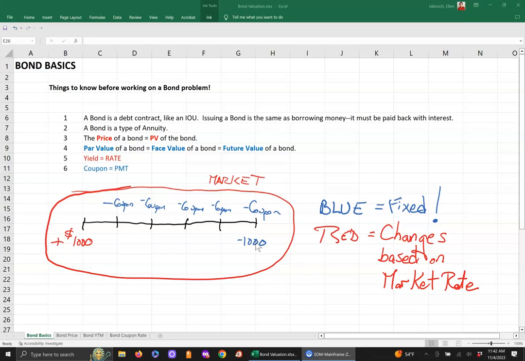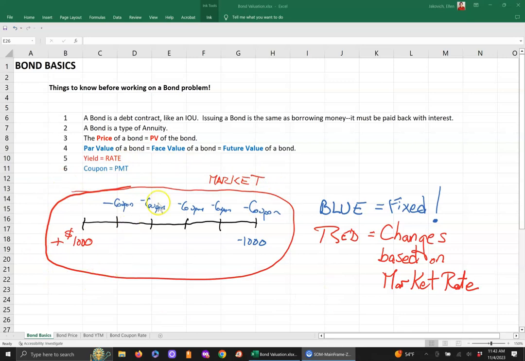In the meantime, the market's not holding still. Rates go up, rates go down. So your fixed rate coupon payments will not change regardless of what's happening out here in the market.